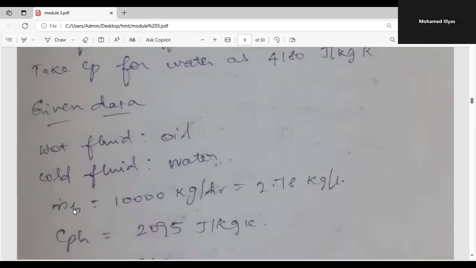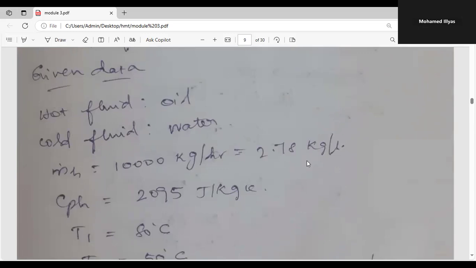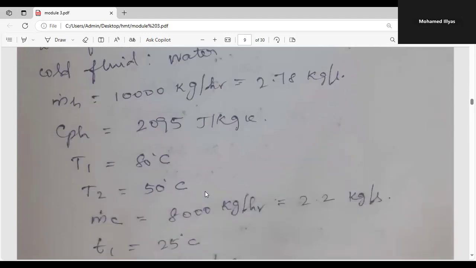And the mass flow rate of the oil, which we considered as the hot fluid, has been given as 10,000 kg per hour, which we can convert into kg per second here. The specific heat of oil, CPH, has been given as 2095 joules per kg Kelvin. The inlet and outlet temperatures of the hot fluid are given: 80 degrees Celsius, capital T1, and capital T2 is 50 degrees Celsius.